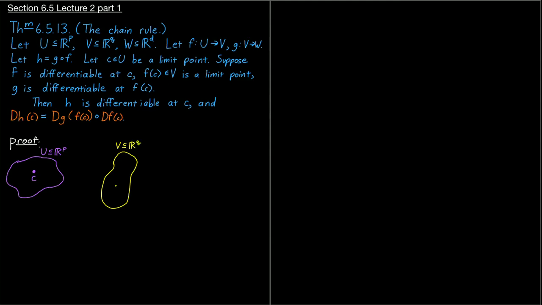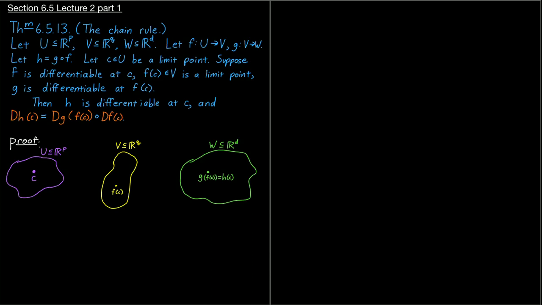And we've got the point F of C here somewhere. And then finally, we've got our region W contained in R^D, and somewhere in the middle we've got G of F of C, also known as H of C, somewhere in there.